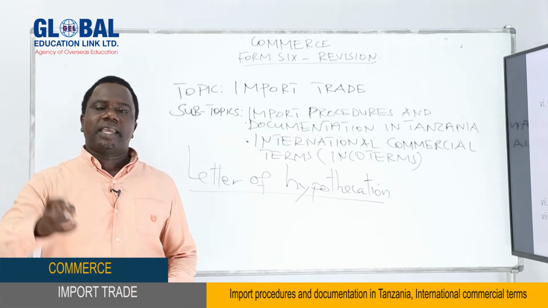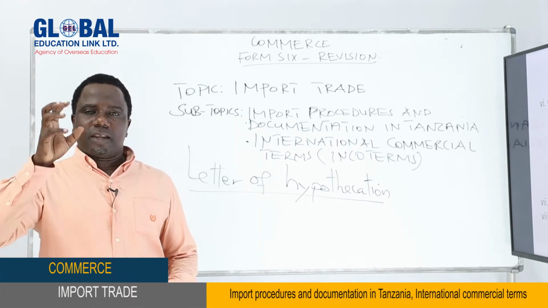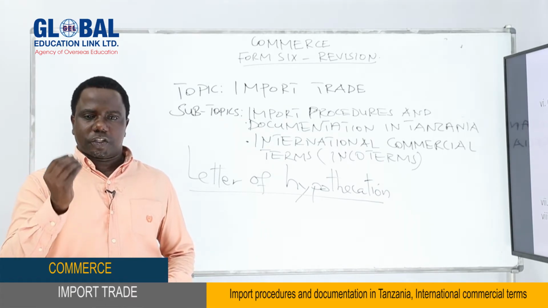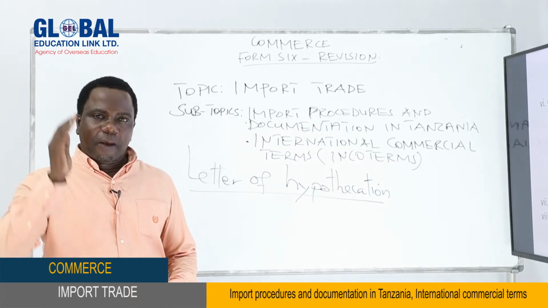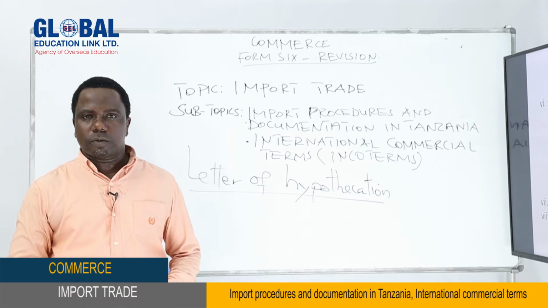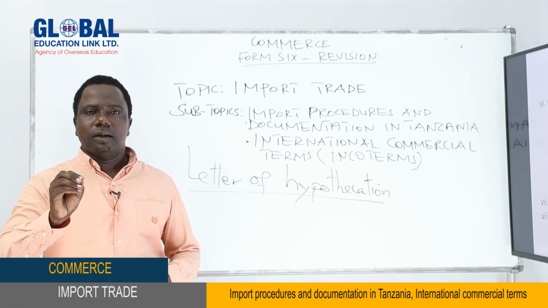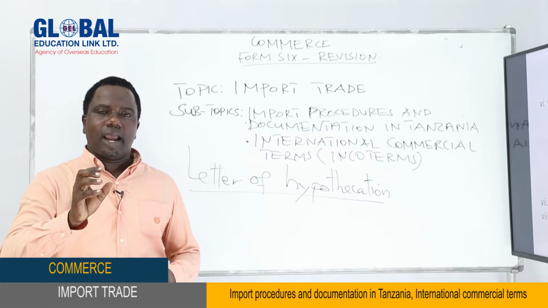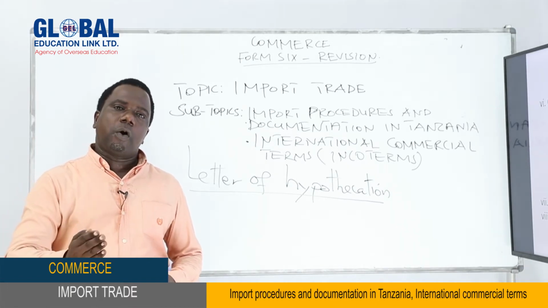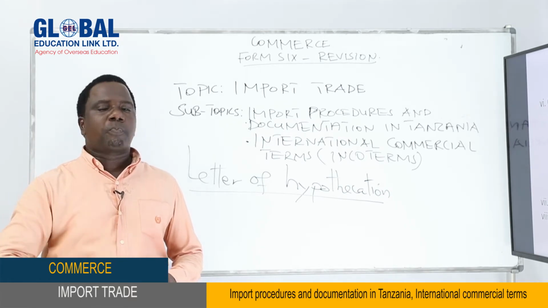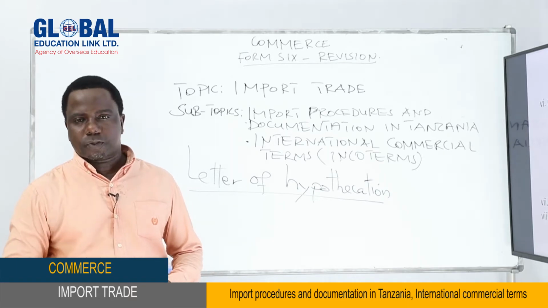So an exporter gives the bank this letter, which gives the bank authority to sell the goods in case an importer fails to pay the amount due. Now the bank will find a customer to buy those goods, and the bank will supervise everything on the selling of those goods.